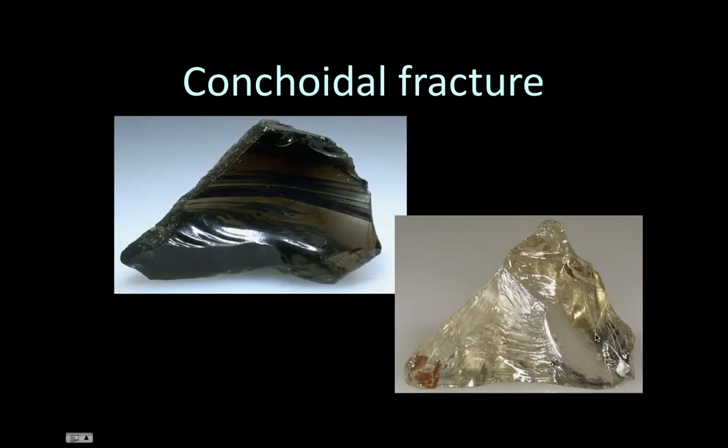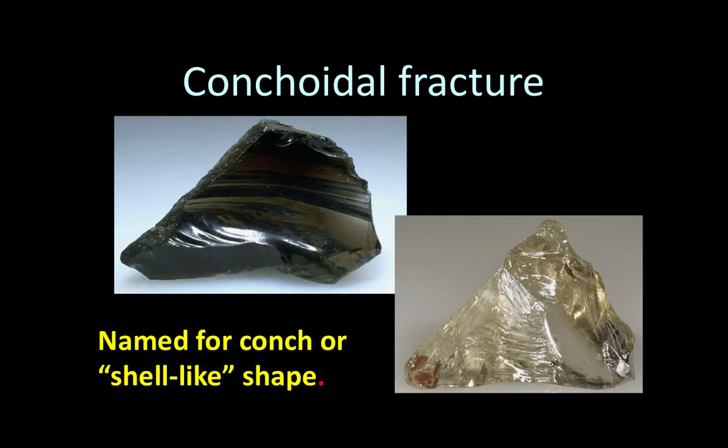Some other characteristics. If a mineral demonstrates fracture, sometimes it has what's called a conchoidal fracture pattern. This often is what it looks like when you break glass. And in these 2 samples, we have quartz, which is actually what glass is made up of. You get this very cool kind of shell-like shape within the structure. So it's named for that shell-like shape that's here.